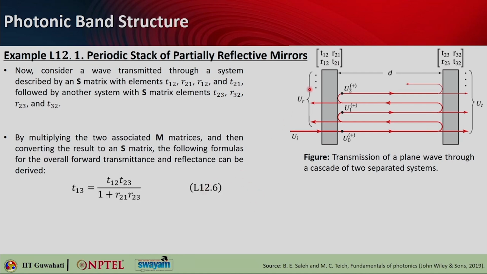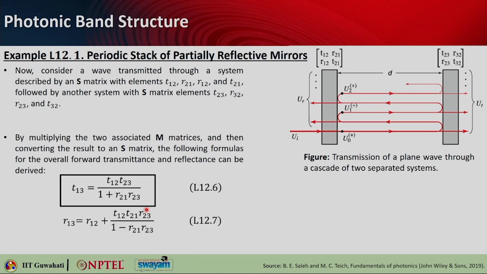So, overall transmittance in this case will be T13, which is given by T12 T23 over 1 plus R12 R23. So, this is how you will be analyzing the multi-layer system. You can also find out what is the reflection coefficient for this overall system.